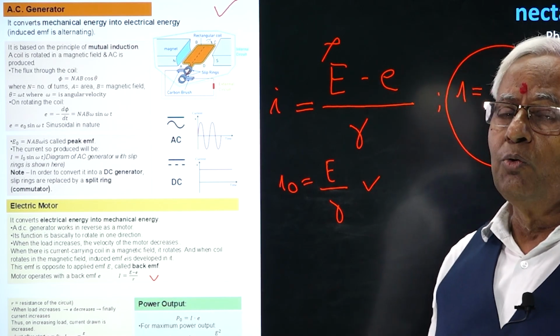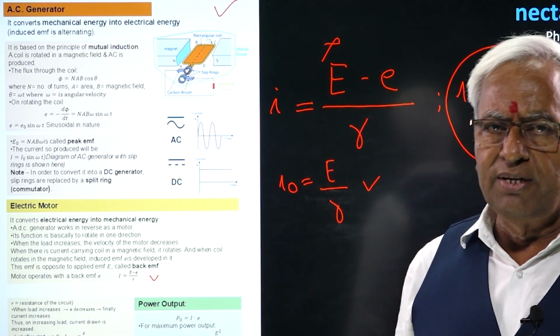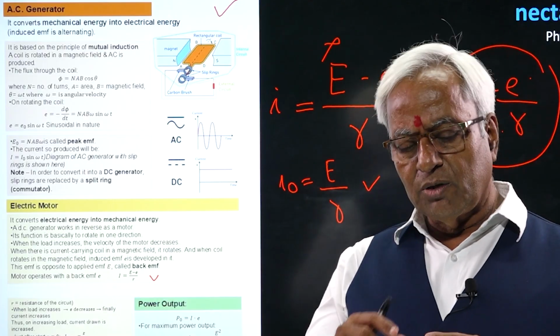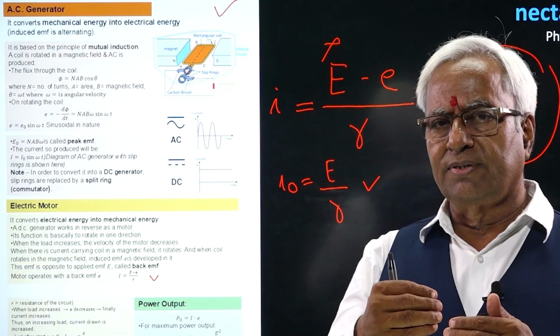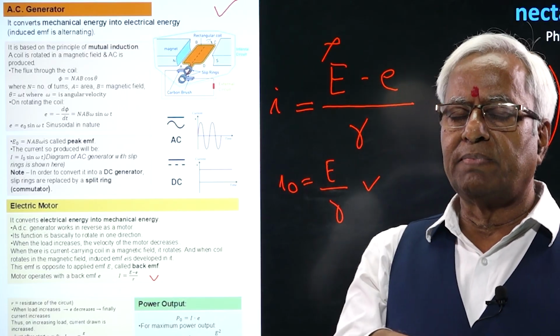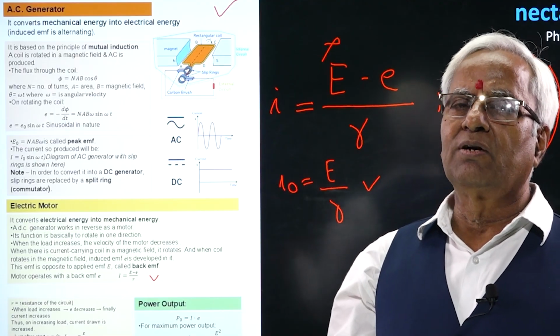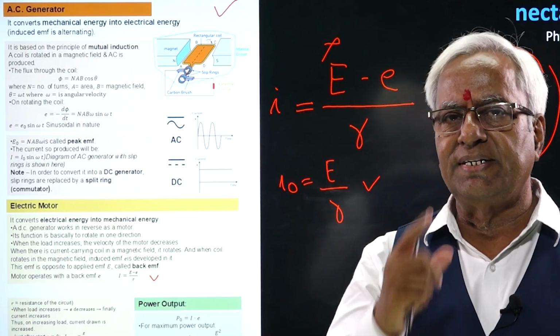When you increase the load on the motor, and when I say load on the motor, it simply means wheels, because a motor is always used to operate some wheels. It might be in a voice recorder, it might be anywhere. Motor always means some wheel to be operated.